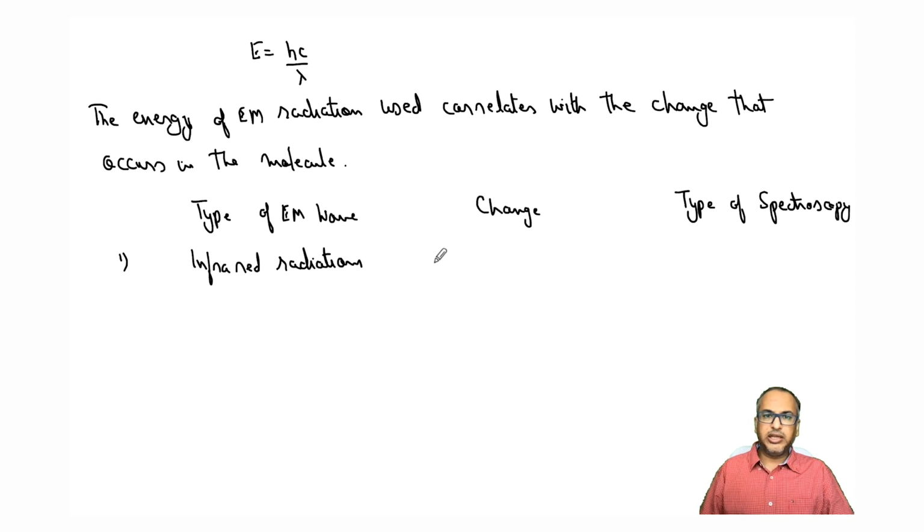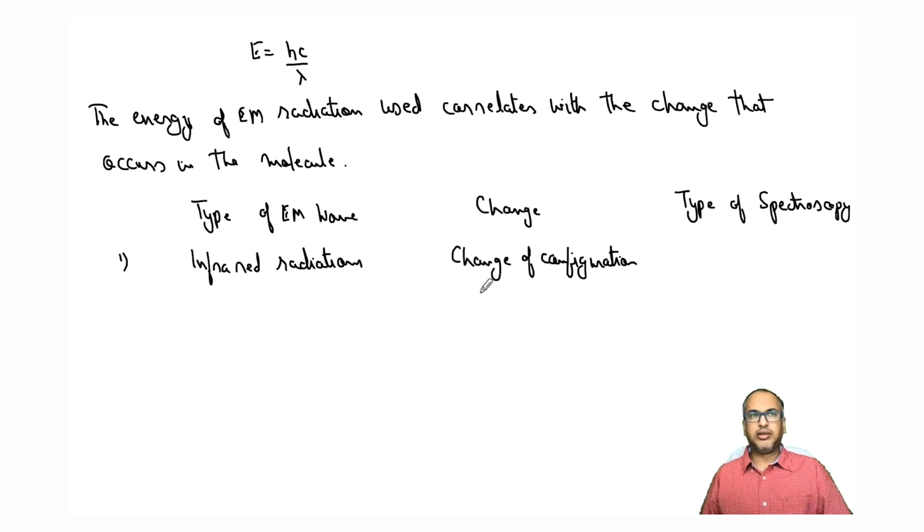What kind of change do they bring out in the molecule? They change the configuration of the molecule. We'll come to that in a later class. Basically it will excite different vibrational levels, and the bond vibrations will be affected, and hence the configurations will be different. So this is called vibrational spectroscopy.